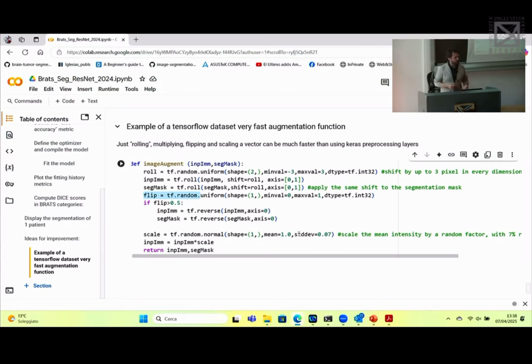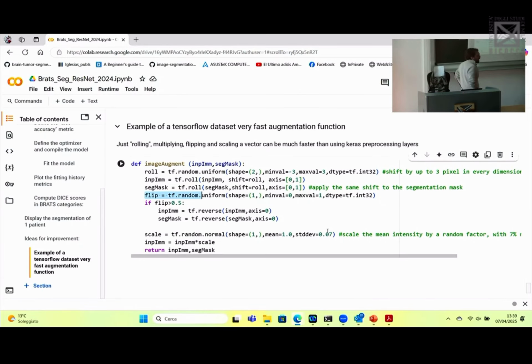Like probably for broken bones on arms, that's something you can flip, but on a CT image of the thorax and of the abdomen, you cannot flip left to right, because the liver is on the right, the heart is on the left. So the network will learn to segment anyway, but it will not help in generalizing.